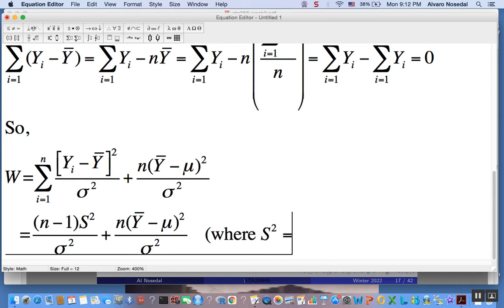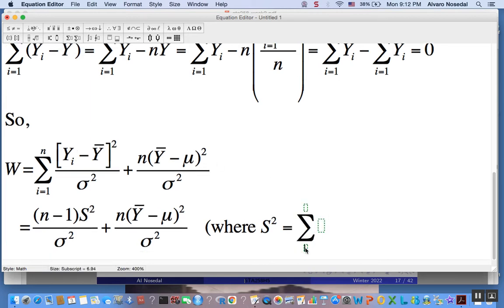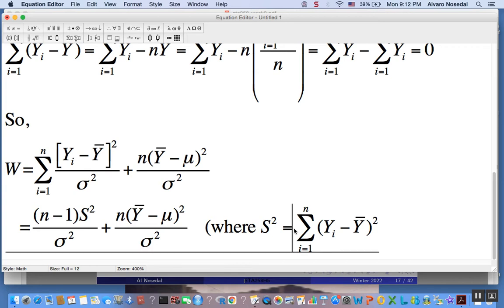S squared is just the summation of i from 1 up to n of yi minus y bar squared, and we are dividing that by n minus 1.